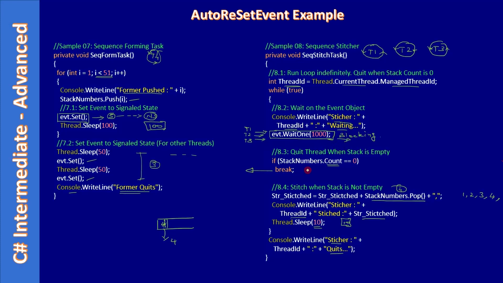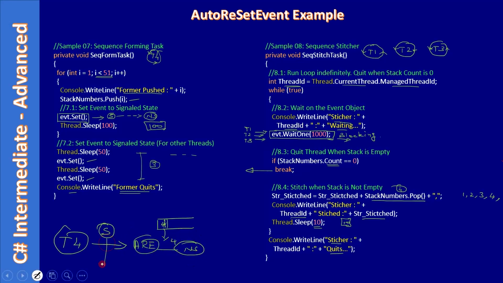All right, that's all here. And if you see the role, the sequence former task T4 will signal, and since our object is auto reset event, it will automatically go to non-signaled state.